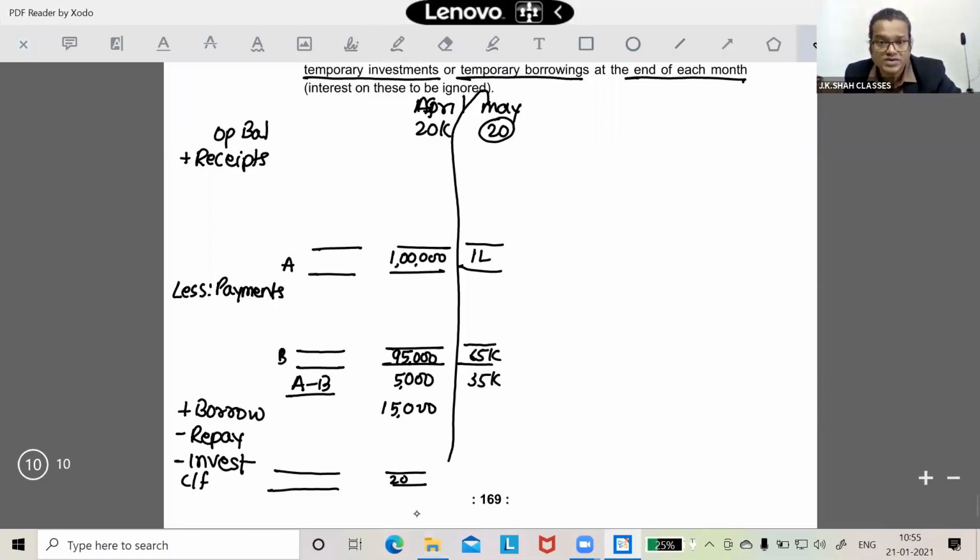But then out of this 35K, how much I need to put over here for sure? 20K definitely I want as a closing balance. People tell me how much surplus is left. 15K is left. 15K surplus is left. What do I do with this 15K surplus? Tell me. I repay or I invest? I repay or I invest?